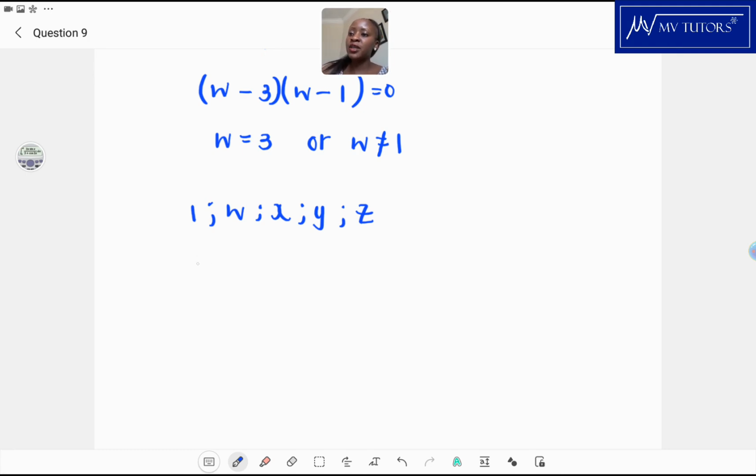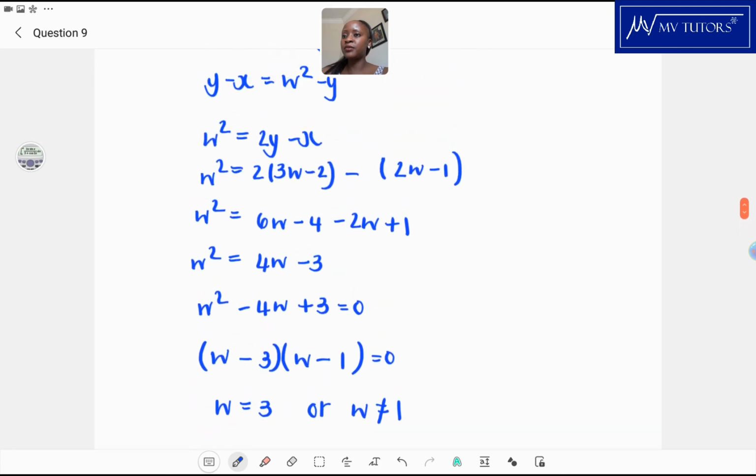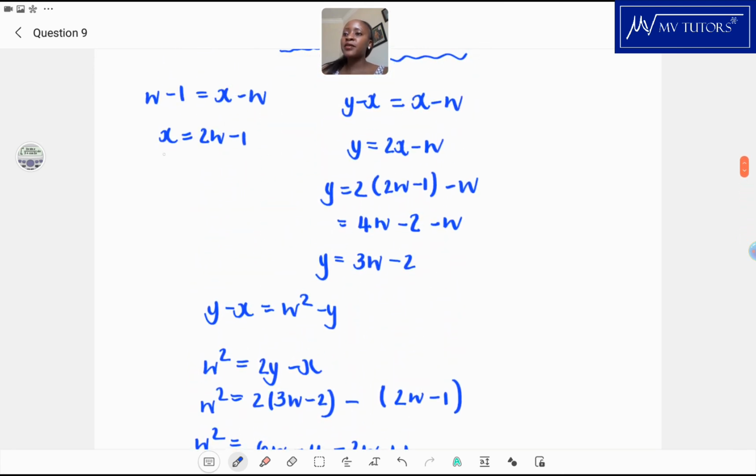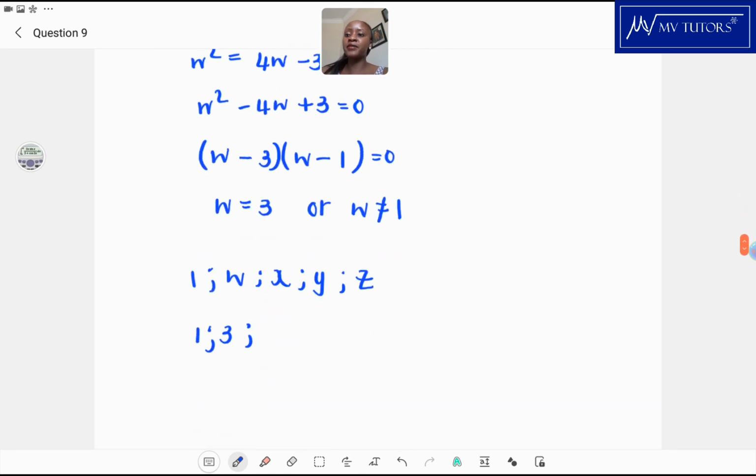Okay, so then we have 1, 3. Okay, we had x in terms of w. Did we not? Yes, we did. So if w is equal to 3, we have 2 times 3, which is 6 minus 1, that is 5.